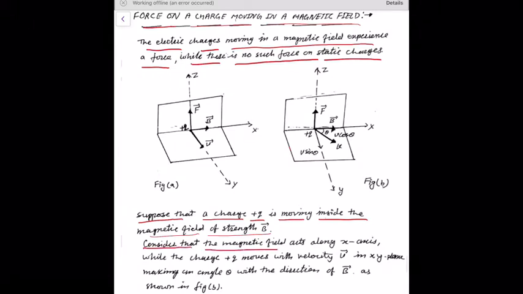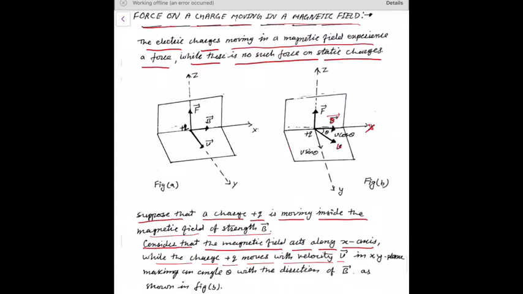Consider that the magnetic field acts along x-axis, while the charge plus q moves with the velocity v in the xy plane, making an angle theta with the direction of B vector as shown in the figure.